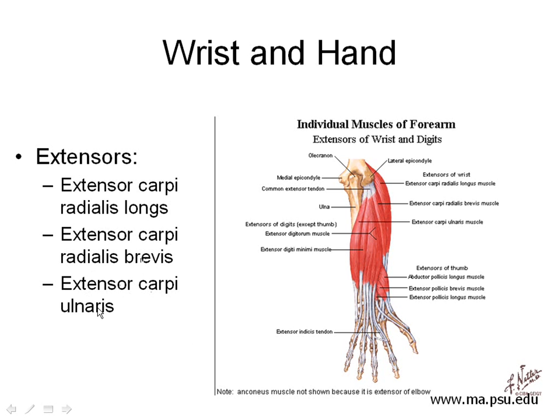And then extensor carpi ulnaris on the pinky side. So here's the pinky. If we go to this large muscle right here, extensor carpi ulnaris. We're going to skip over extensor digitorum, and then we come right here to extensor carpi radialis brevis, extensor carpi radialis longus. Those are the 3 main extensors.